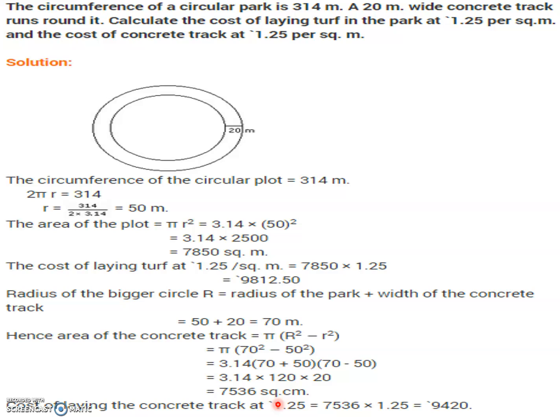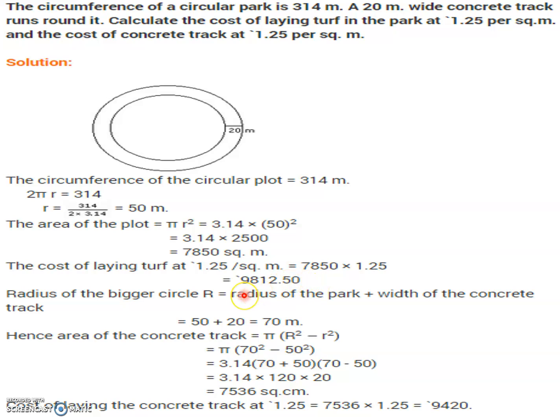For the concrete track area, they gave the cost of 1.25 per square meter. That's why the cost of laying the concrete track at 1.25 is 7536 into 1.25, which is equal to 9420 rupees.